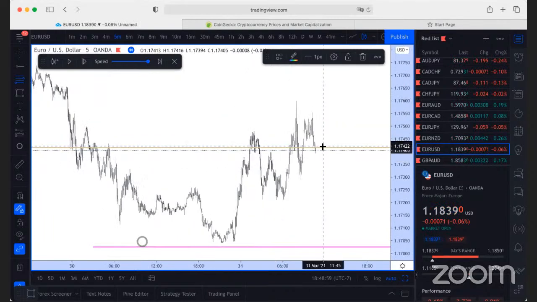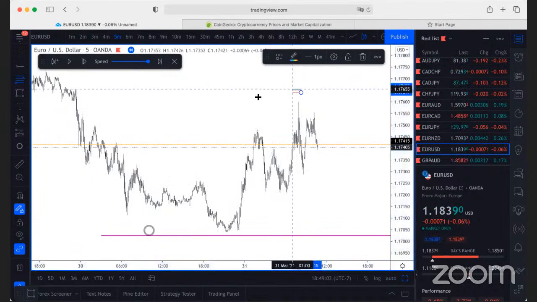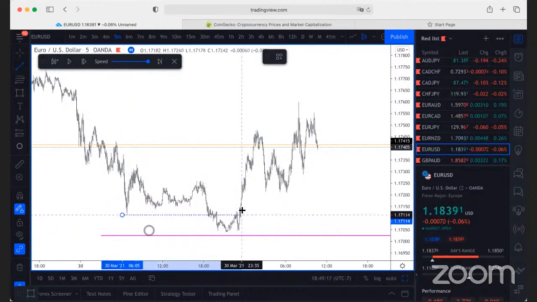What do we see? Could we all agree that there is an accumulation down here? So let's mark it up. We have our climax to our AR.